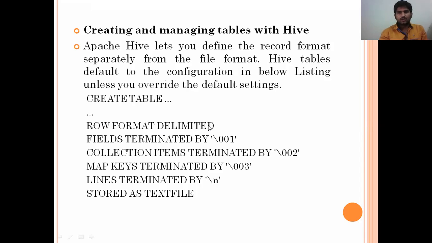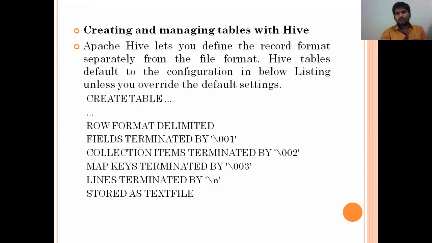This is how we separate each column using a delimiter: fields terminated by, collection items terminated by, map keys terminated by '\003', and lines terminated by '\n', stored as text.